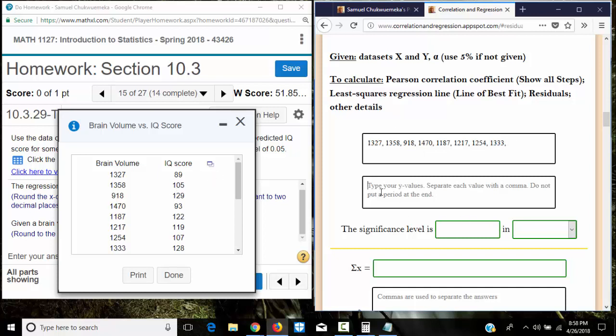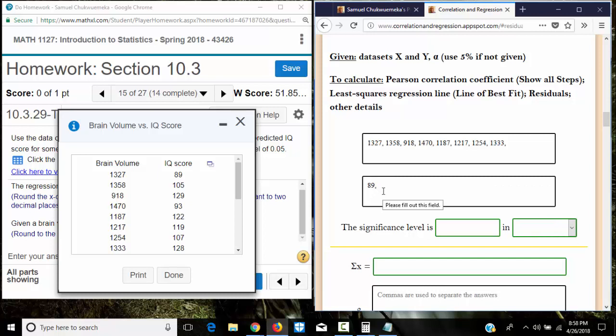And let me go ahead and type this for the y here. 89, 105, 129, 93, 122, 119, 107, 128.